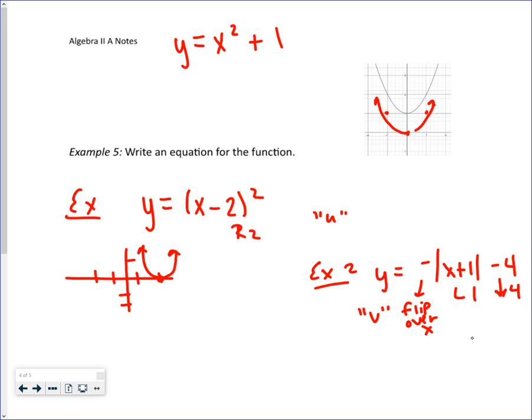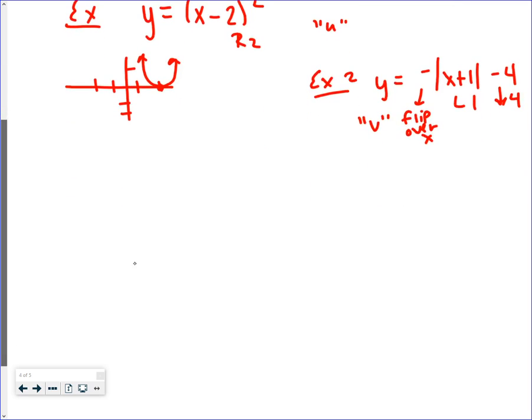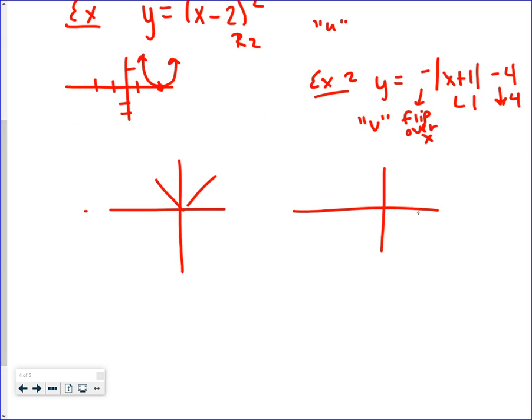Okay? So, my original graph, don't graph this yet, my original graph looks just like that. 0, 0, 1, 1, negative 1, 1. But I'm not going to do that, okay? This is just a sketch, right? I'm going to go left 1, down 4. So left 1 and down 4 would be right here. That's my vertex. That's the most important one. If that negative sign wasn't there, it would just be like this, a V going up, right?